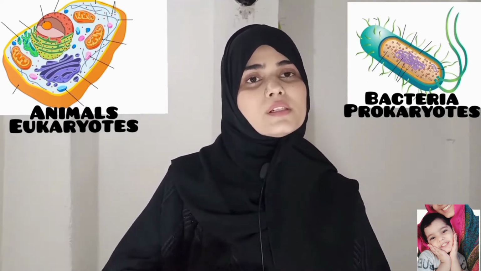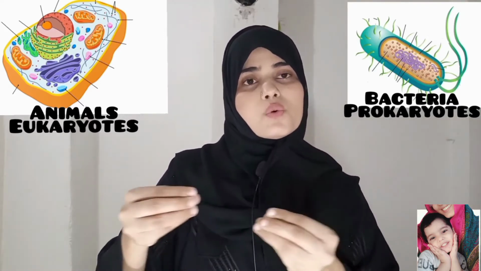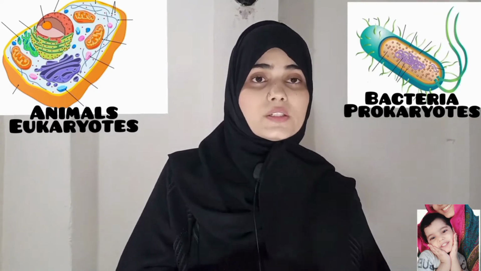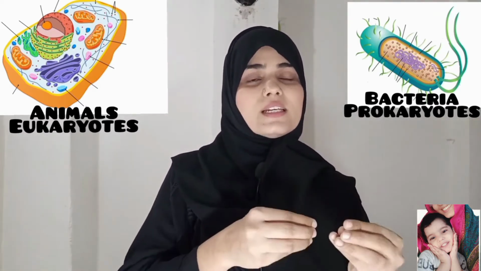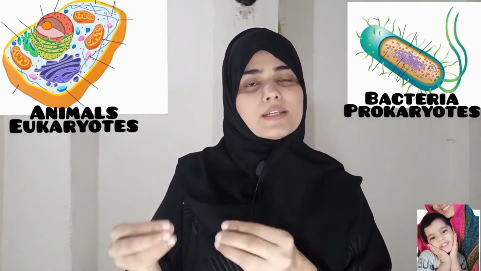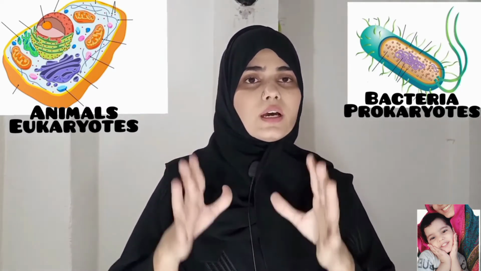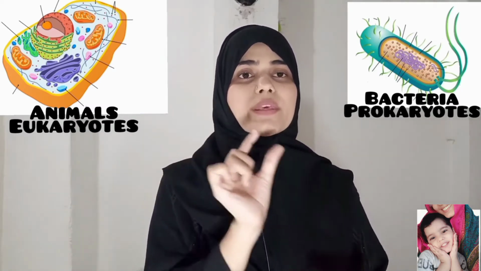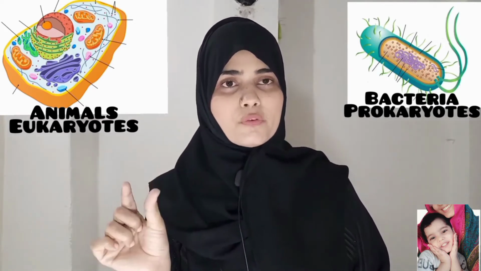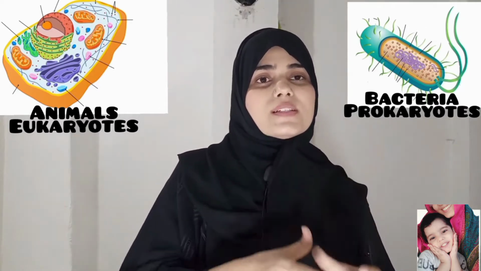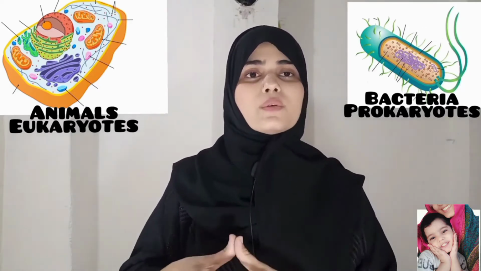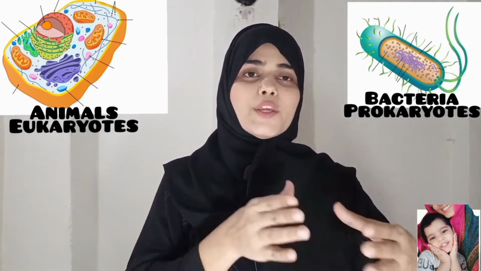So the cells which evolve before the nucleus are called prokaryotic cells. Understood? Prokaryote. Pro means before and karyot means nucleus. So the cell before the nucleus is called prokaryotic cell.